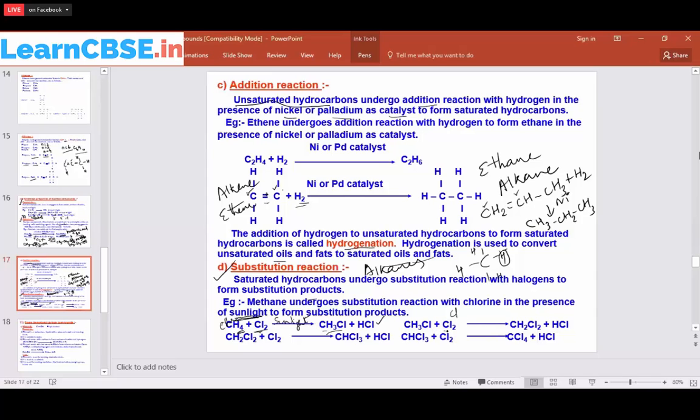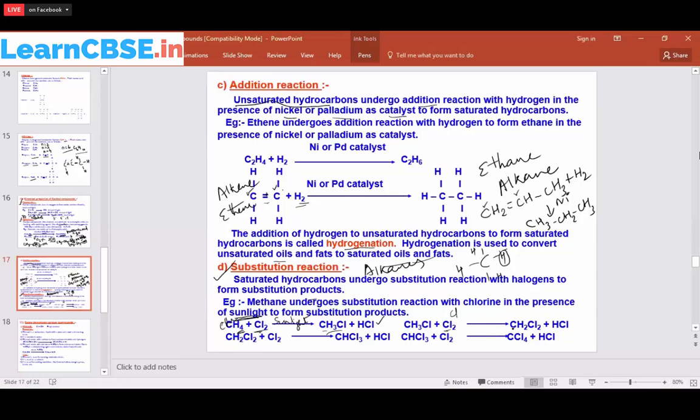CH3Cl, and again if you have more chlorine molecules, in here three hydrogen atoms are there. One of the hydrogens is replaced with one more chlorine atom here. So CH3 becomes CH2 and one more chlorine atom we have to add over here, CH2Cl2 plus HCl.